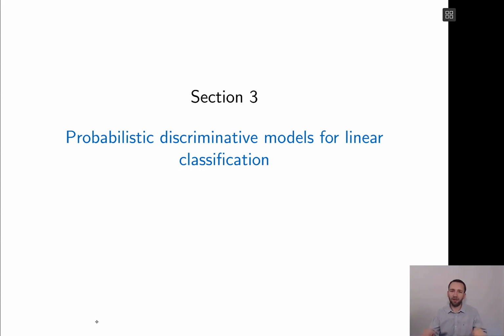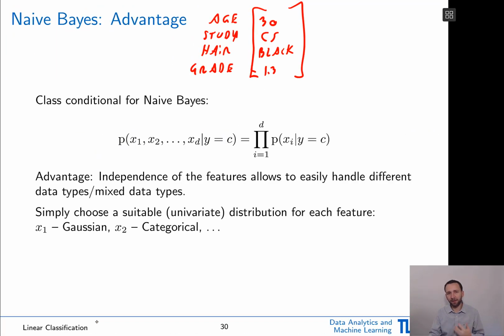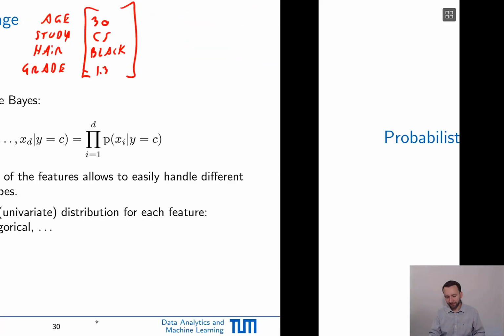We plug it into our softmax function and get out a probability vector, and from this probability vector we can see which class has which probability, and we pick the one with the highest probability. So that was the core idea of these generative models. And as said, this allows us to capture already a wide variety of scenarios, specifically in the naive Bayes setting.